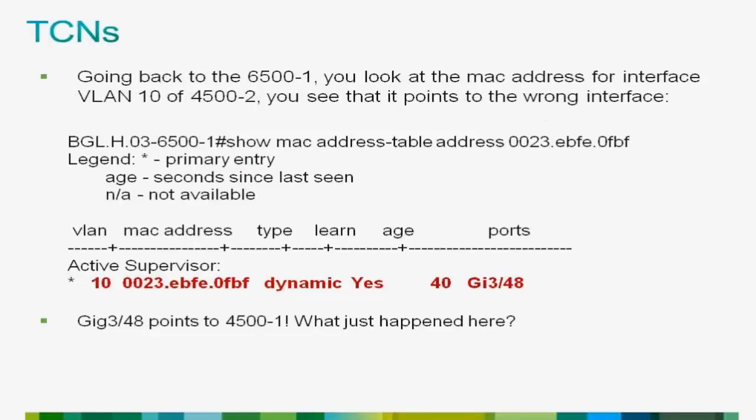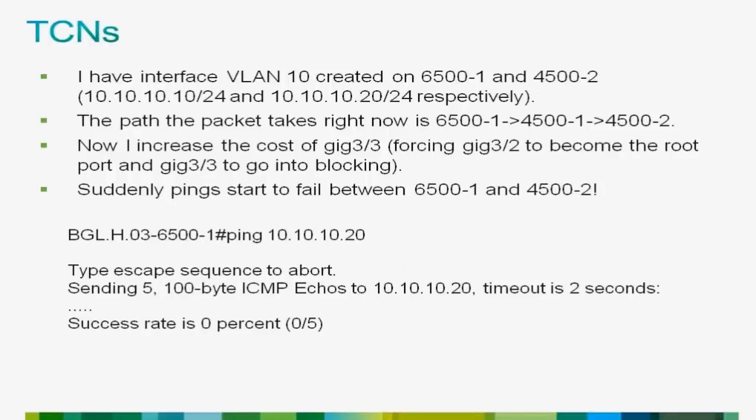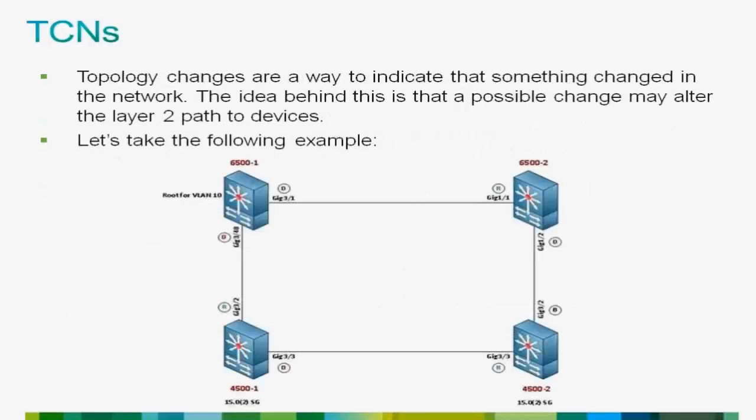I've given the output here. It says it's learned via gig 3/48. So going back to the diagram, where is gig 3/48? It goes down to 4500.01. So even when that specific path became blocked, 6500.01 was still trying to use that path because the MAC address was never updated. The MAC addresses were never flushed.